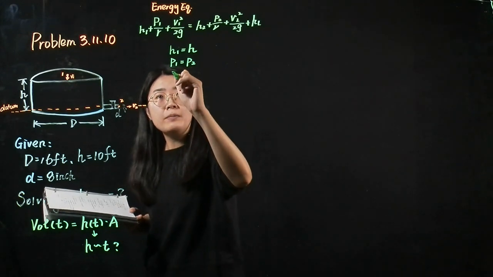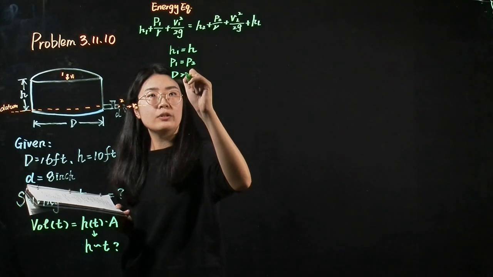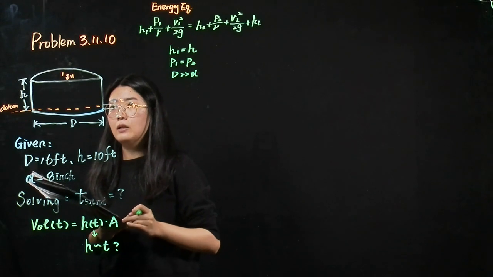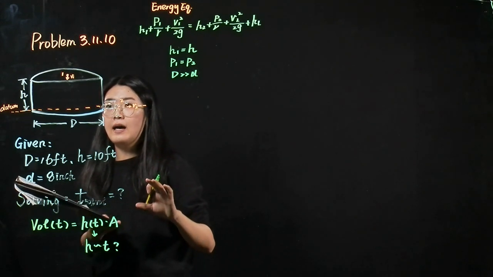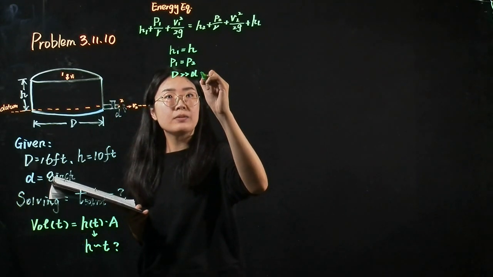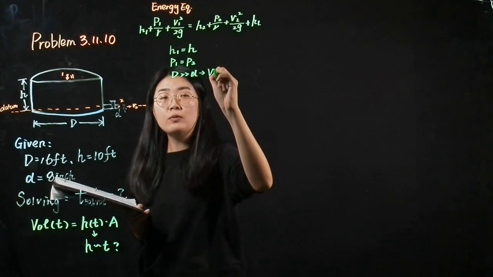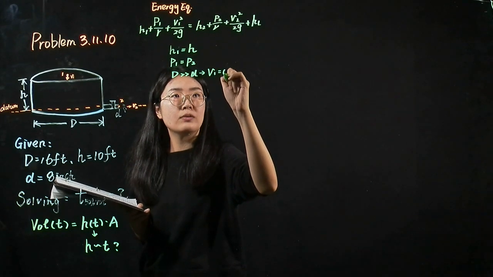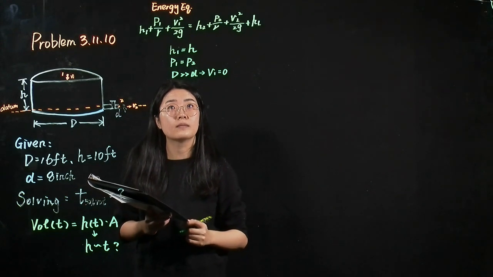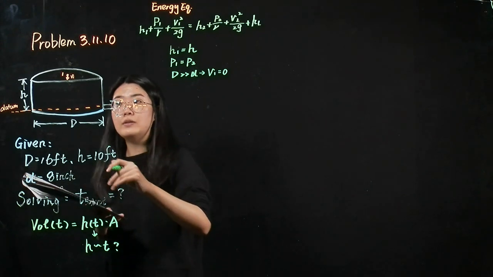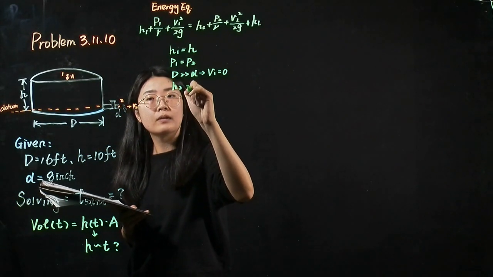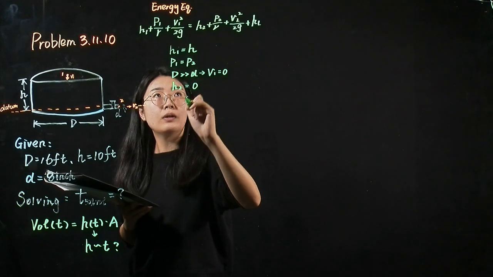Because the diameter of the water tank is much larger than the diameter of the pipe, we assume that the change of the water height is quite small, which means we assume V1 is close to 0. Because the datum is at the bottom, H2 is 0.